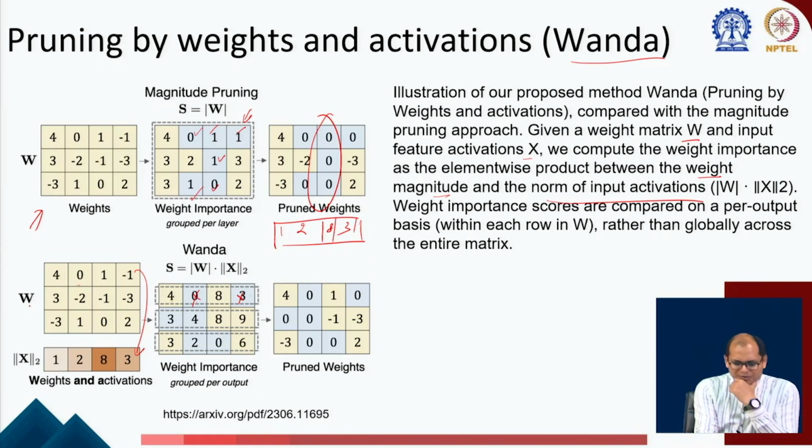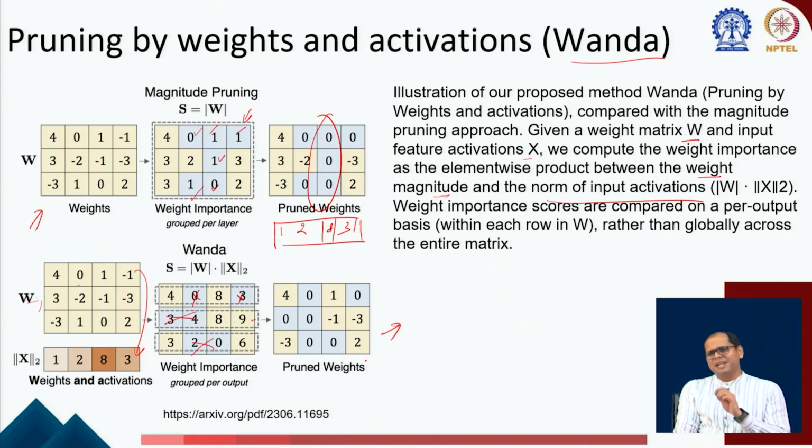Similarly, for this particular dimension, if I multiply 3, 4, 8, 9, these two have the smallest value. Similarly, if I multiply, I will get 3, 2, 0, 6, and these two have the smallest value. So this becomes my pruned weight. It is dependent on my data. Maybe the data is such that it has a high activation in a certain dimension, so you don't want to prune a priori without looking at your data.